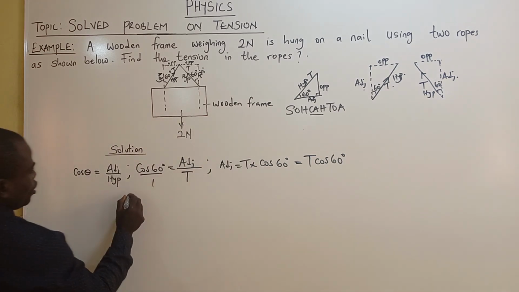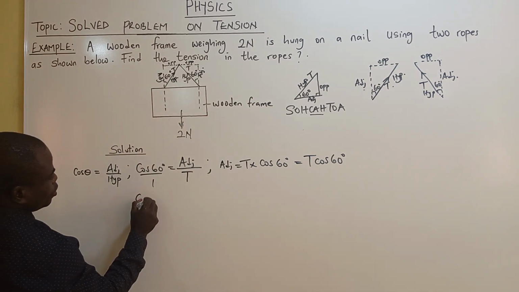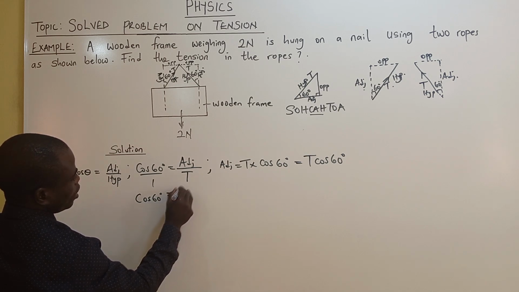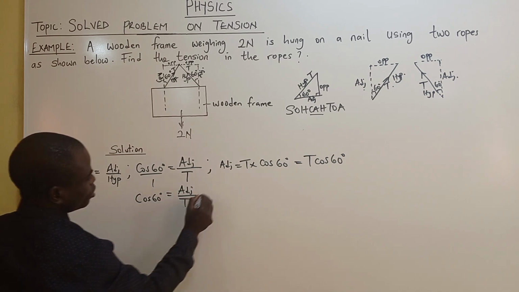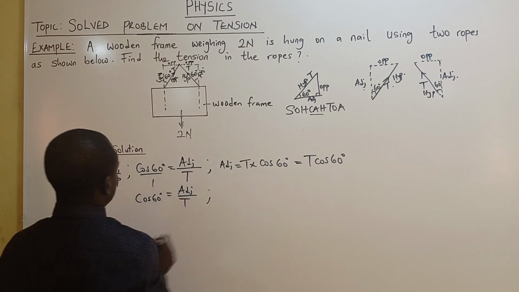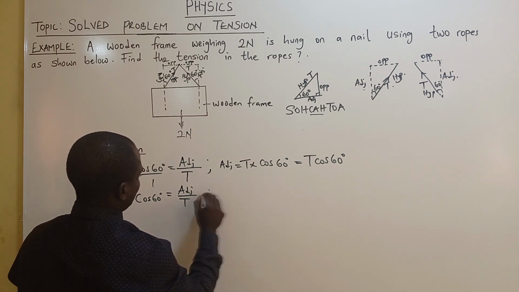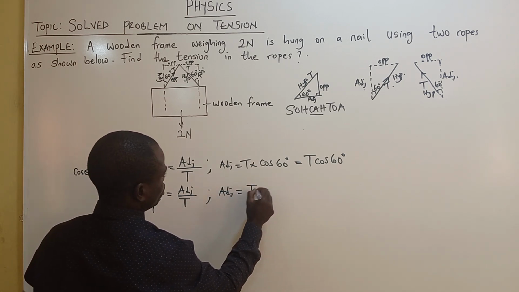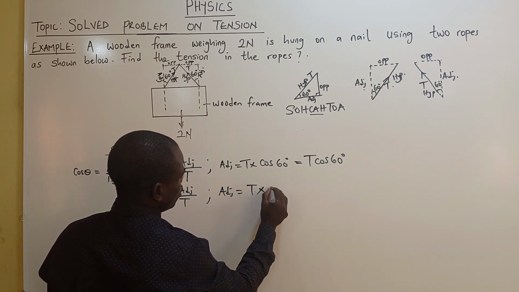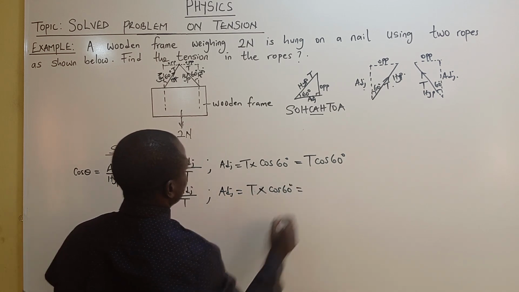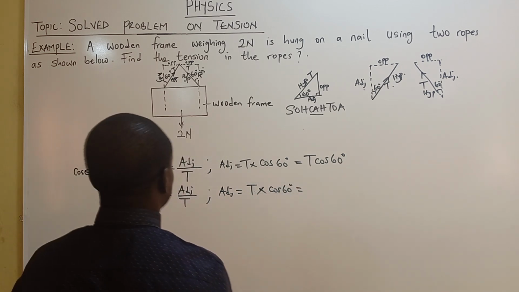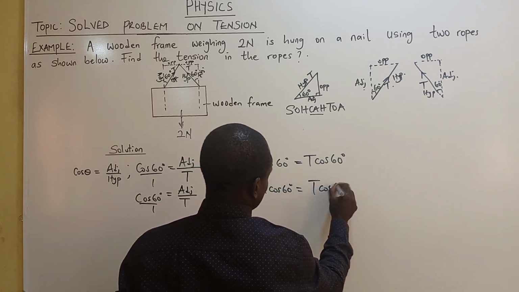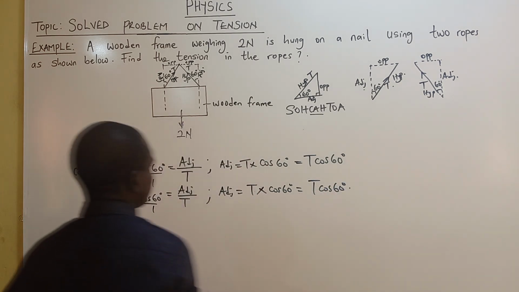So you have cos 60 for the other side equals adjacent over tension. Cross multiplying, you have adjacent equals tension times cos 60 degree. From there you have T cos 60 degree.